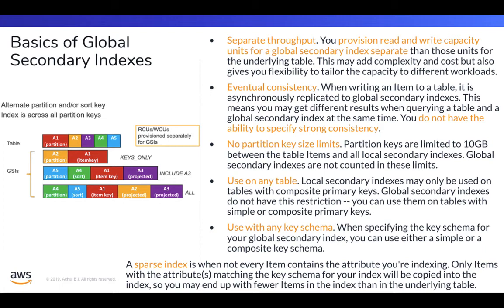As and when you add or remove an item, or update an item, there might be addition or removal of that particular attribute, and immediately after the update, this sparse index would be updated based on the change in the attribute.